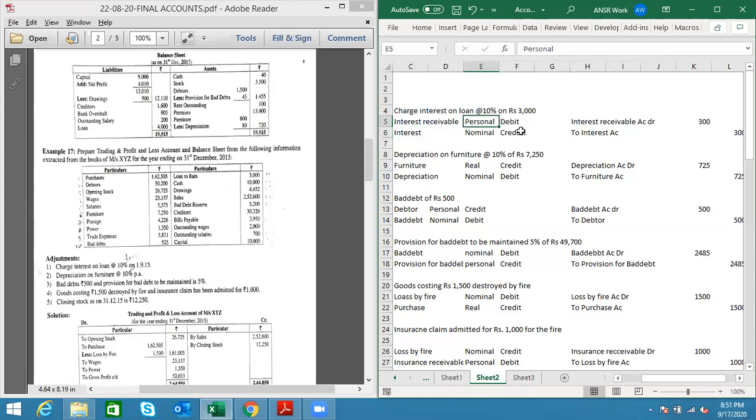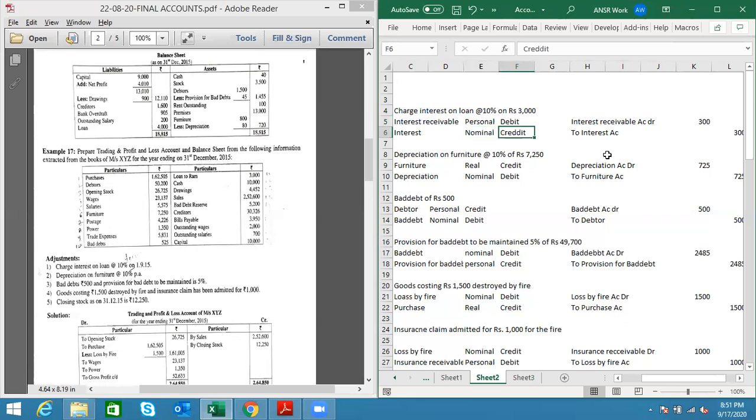Personal account: debit the receiver, credit the giver. Nominal account: debit all expenses and losses, credit all incomes and gains. Here the person is receiving the loan service, therefore he is a debit. Interest is an income, so definitely credit. According to the entry, interest receivable account debit to interest account 300.